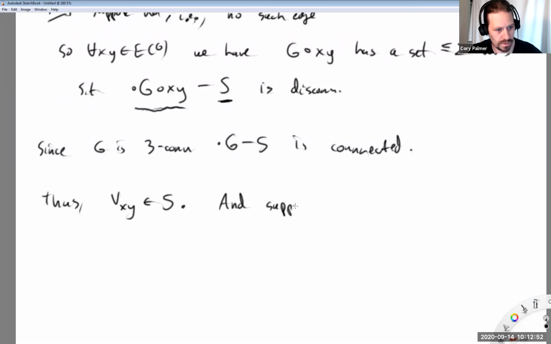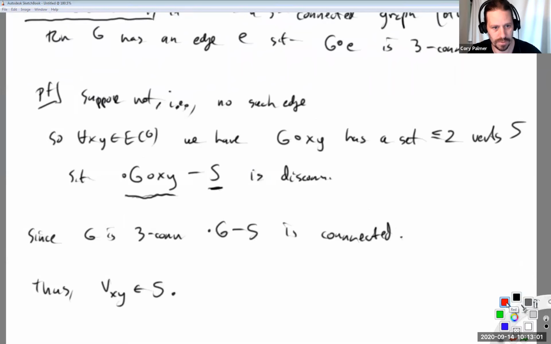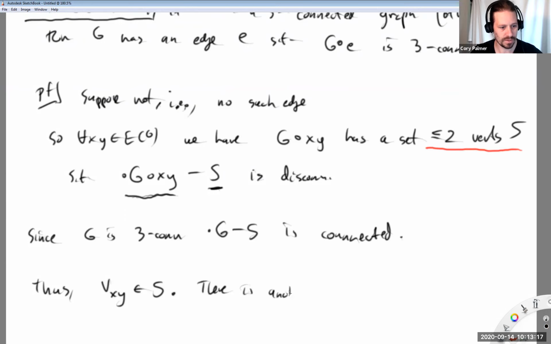Suppose, oh yeah, okay. What am I getting wrong here? Let's actually go up here. I said something wrong. Now we can update this observation. So V sub XY is in S, but there better be another vertex in S as well. Why is that?